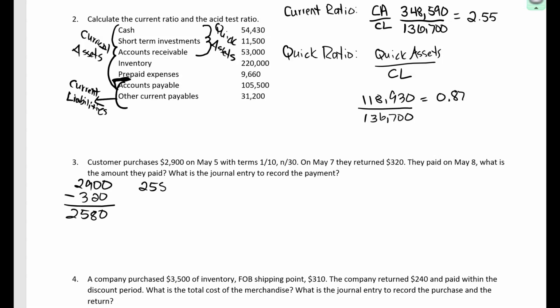Okay, $2,580 times 0.01, which is 1%, is $25.80. This is our discount.